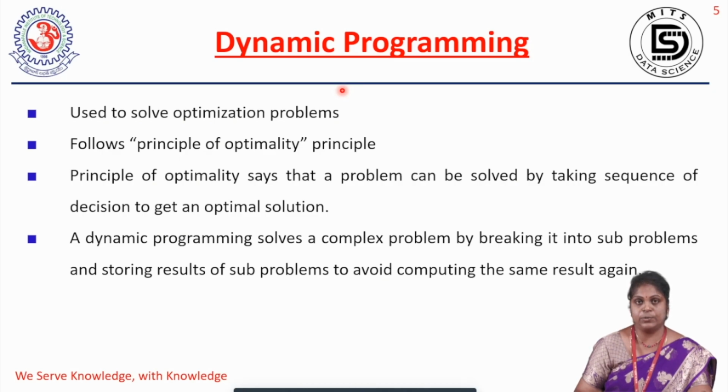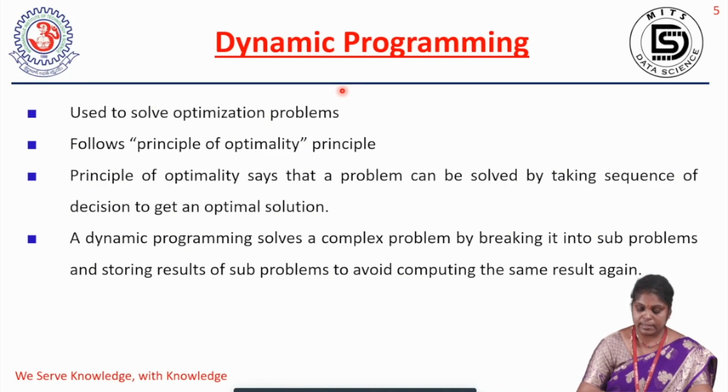Instead of doing it every time, each subproblem solution is stored separately. So whenever it is repeated, instead of redoing it, the already calculated solution will be used as it is. So for that reason, subproblem solutions are stored. That is the third step. Coming to the fourth step, based on the subproblems' optimal solutions, we find the optimal solution for the given problem.